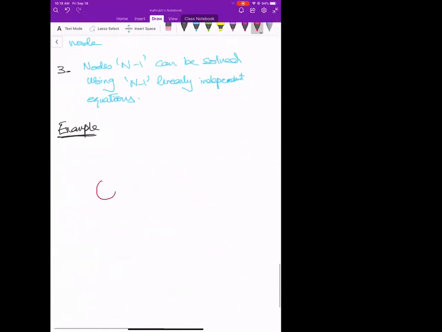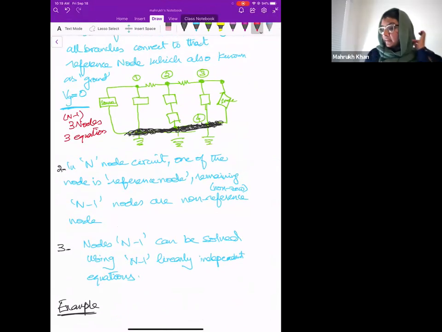Wait, I have a question. Which node did you pick as the reference node again? I picked the reference node, which is ground. Another thing I say is that the reference node is the node where the maximum number of branches are connected.